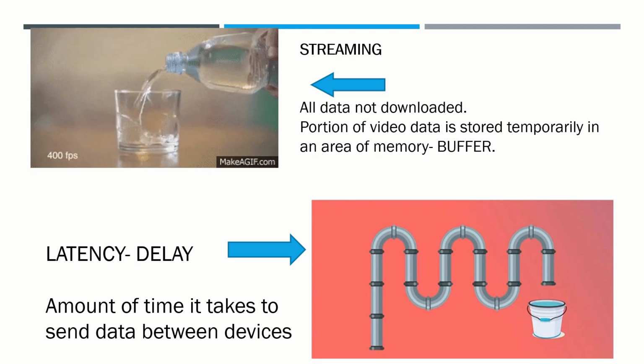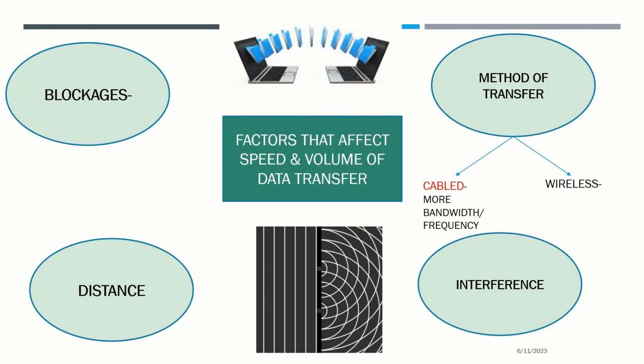As latency increases, the user experience will be bad. Like we are sending something and you receive the data half an hour later, the user experience will be bad. So these are the terms we learned: bandwidth, buffer, streaming, latency.